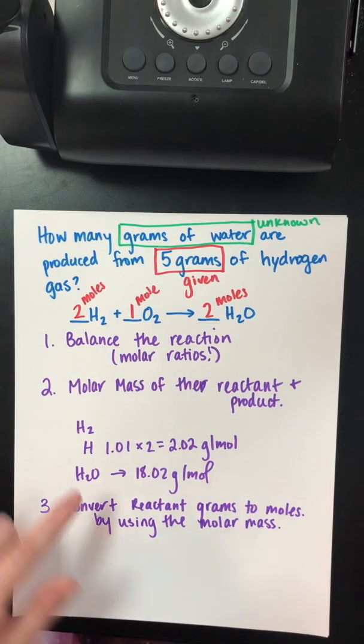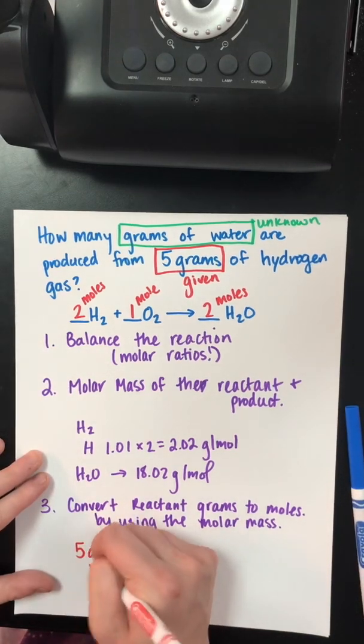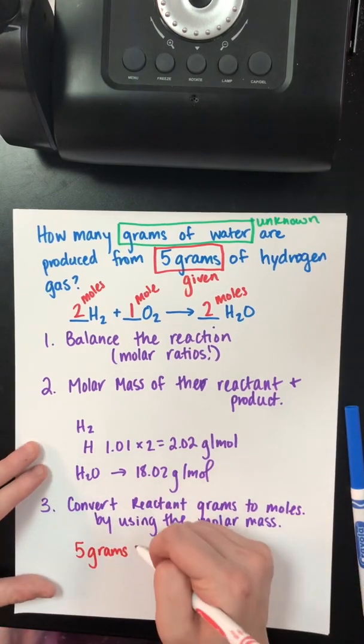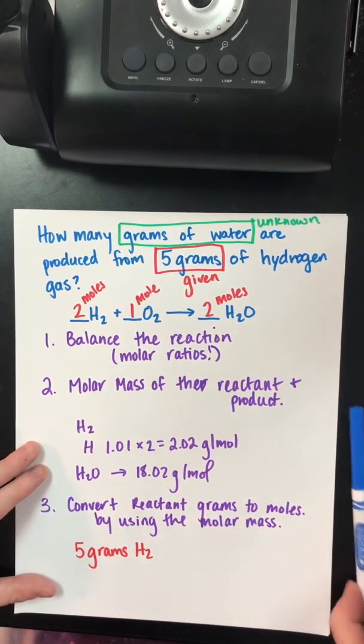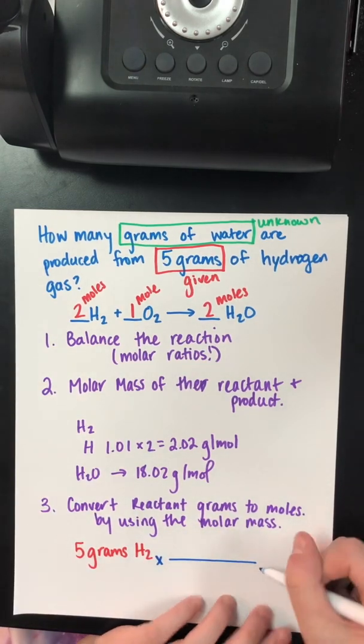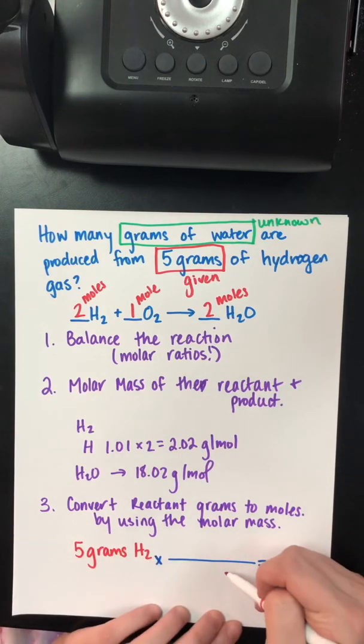So let's take our reactant. We had 5 grams of reactant, H2 in this case. We're going to multiply that by our conversion factor, where in this case the conversion factor will be our molar mass.